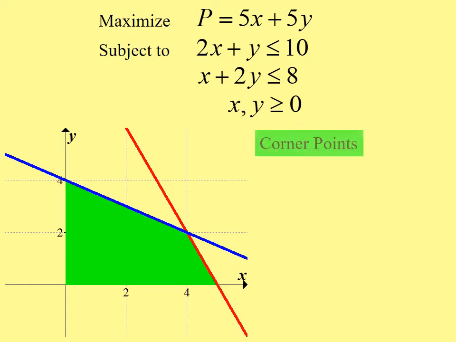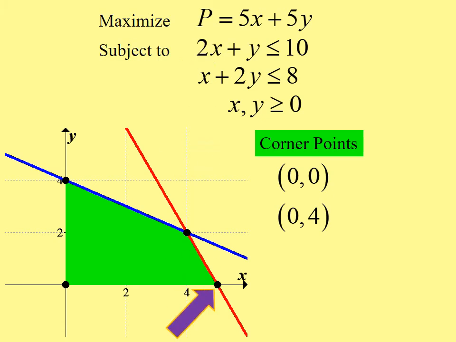The corner points of that region would be where all those boundary lines intersect. Some of those we can just tell from looking at it what they are. For example, the origin, 0, 0. The point here where the blue line crosses the y-axis, that would be 4.